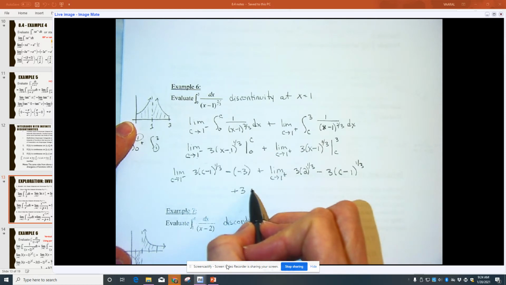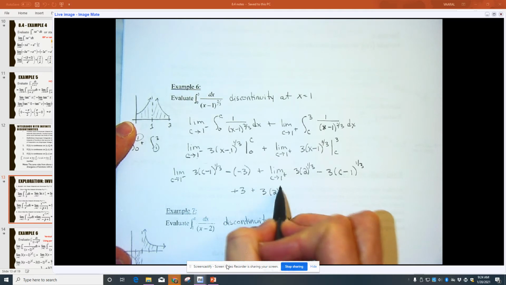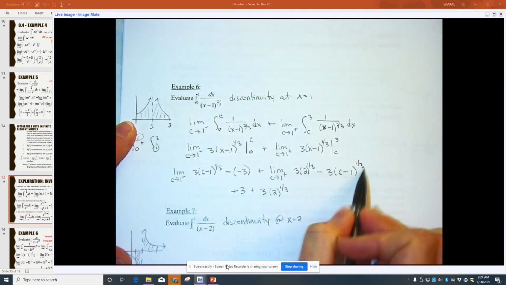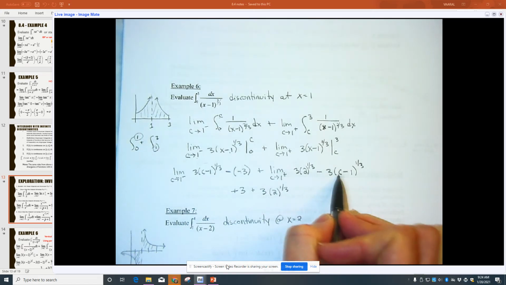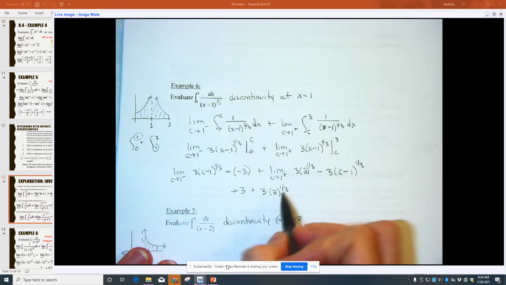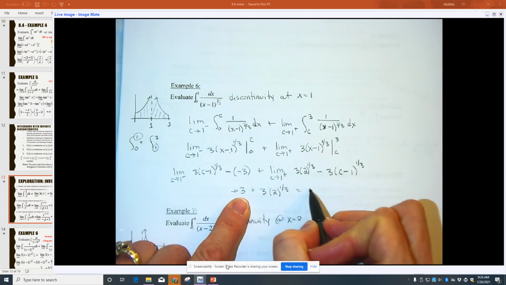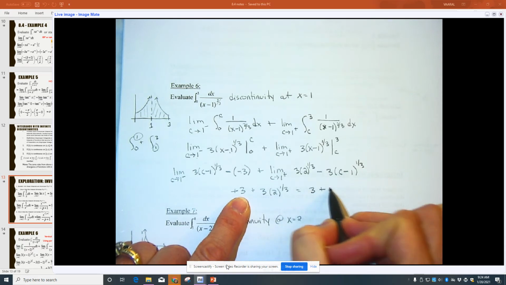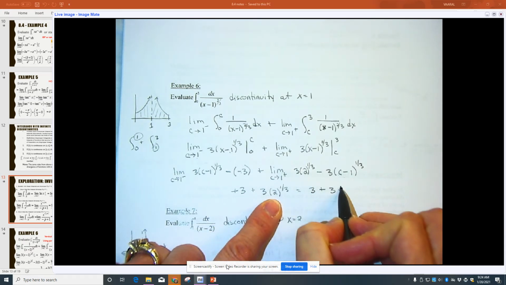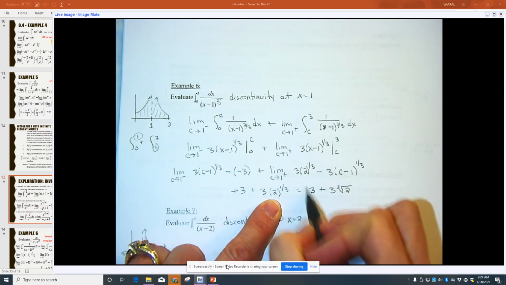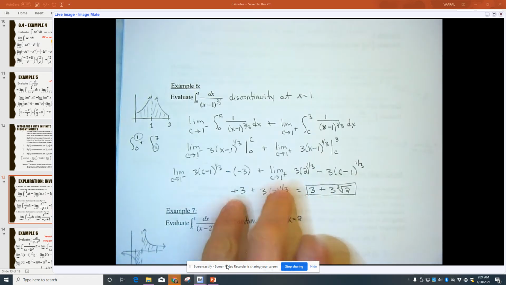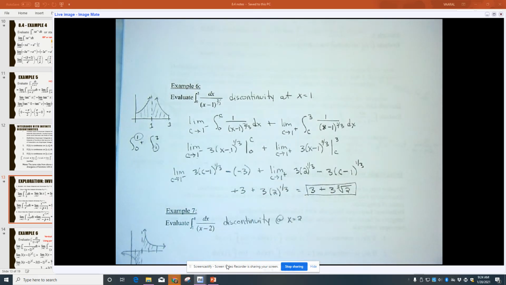Here I have my 3 times 2 to the 1/3. And if I approach 1 here, again, this whole term is going to approach 0 because I would have 1 minus 1 in here. So you could write this as 3 plus 3 times the third root of 2. You could leave it like that also. Either one is correct.